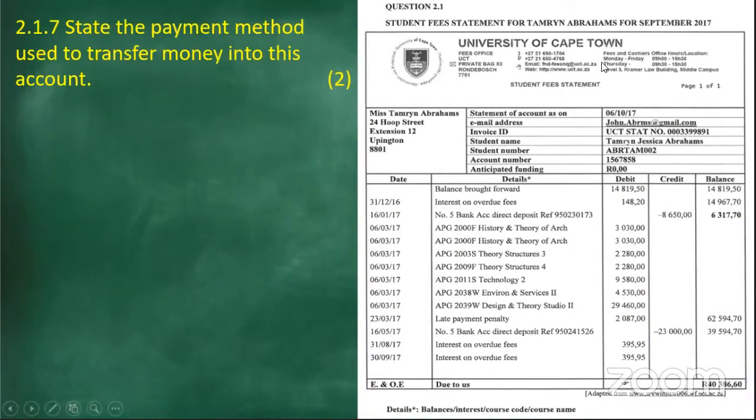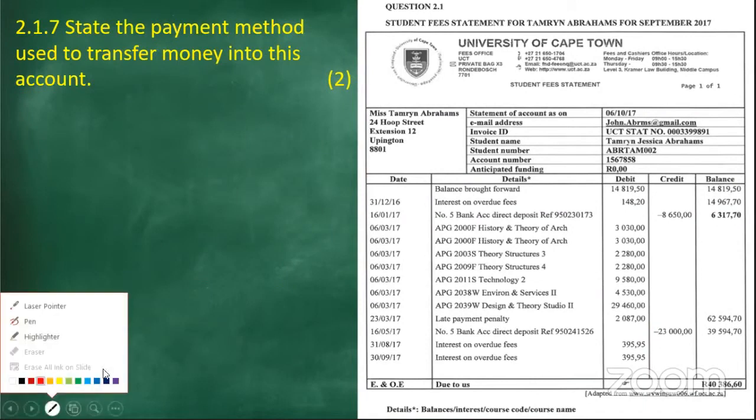Then state the payment method used to transfer. Oh, okay, sorry, Genesis. Why does the 395 rand 95 occur twice? It was charged on different months, if you can notice, Genesis.